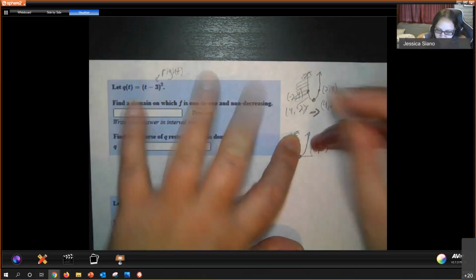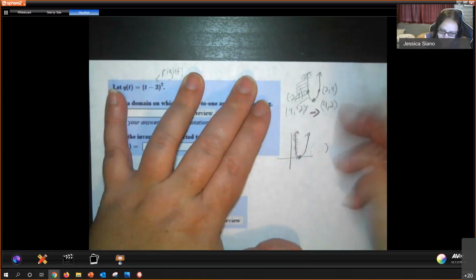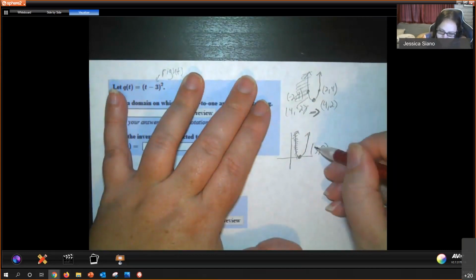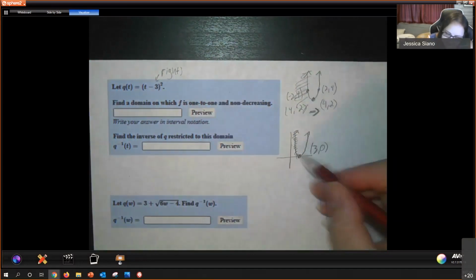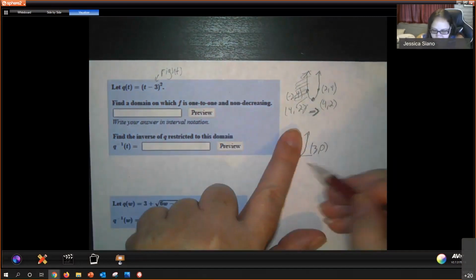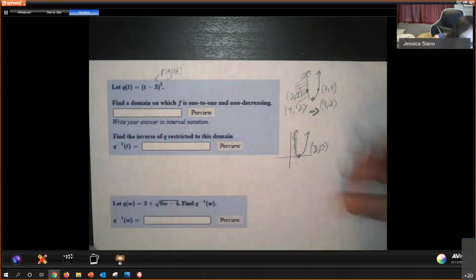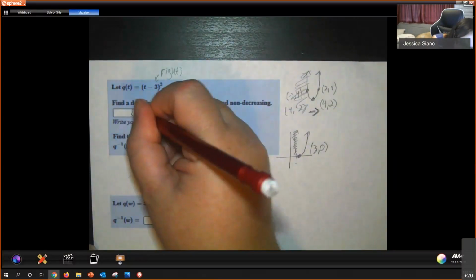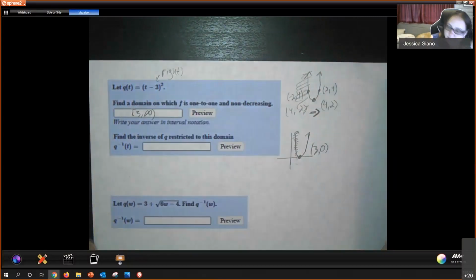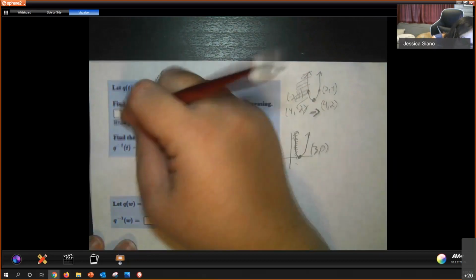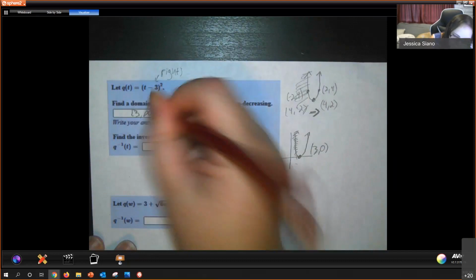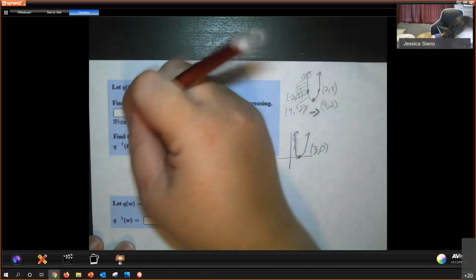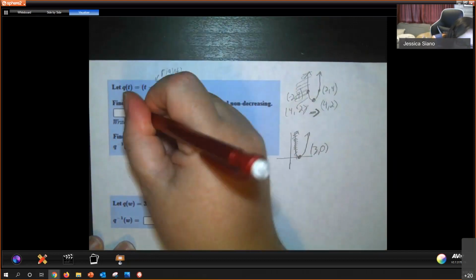Did I say 0, 3? That's 3, 0. And the domain of this half is 3 to infinity. So really, for the domain of a parabola that is one-to-one, you're just going to go from the x value of your vertex and then to the right.